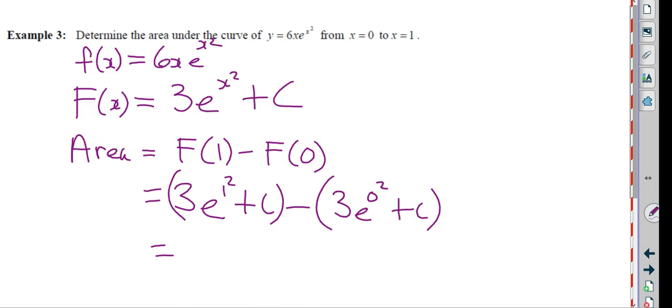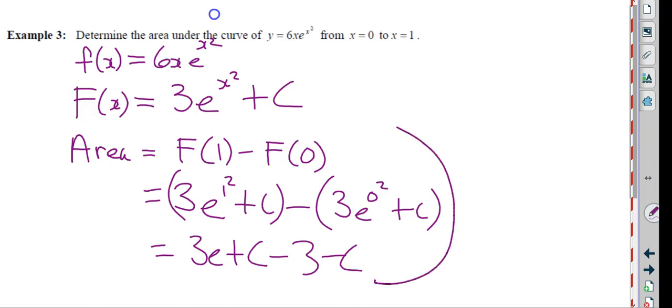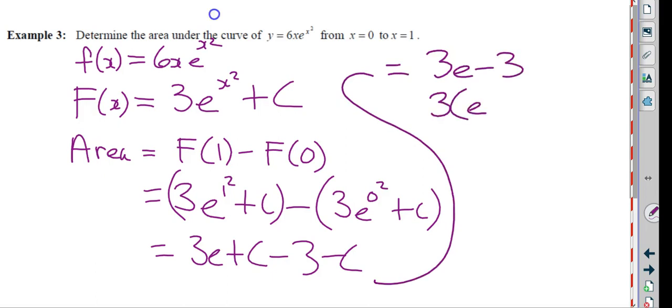Okay. So now we remove the brackets. We get 3e plus c minus 3, because e to the 0 squared is e to the 0, which is 1, times 3, minus 3 minus c, which is equal to 3e minus 3, or 3 times (e minus 1), units squared.